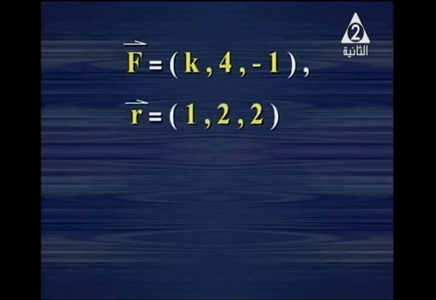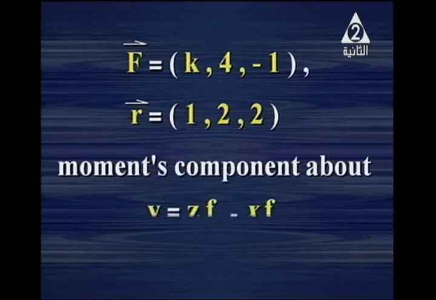We have coordinates in 3 dimensions. The force vector F equals k, 4, negative 1. The position vector r equals 1, 2, 2. The moment component about y equals z Fx minus x Fz.